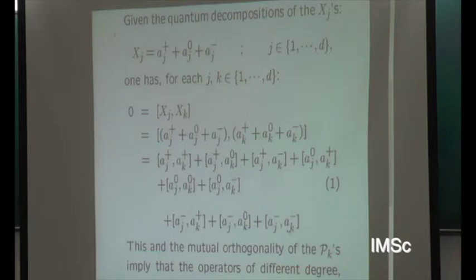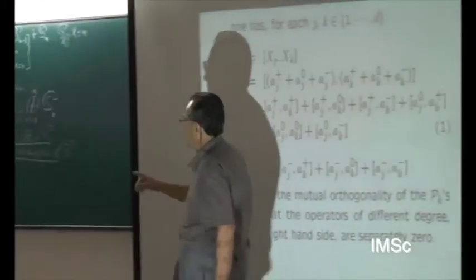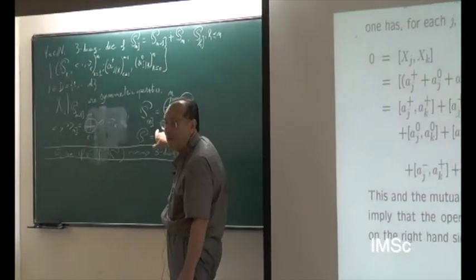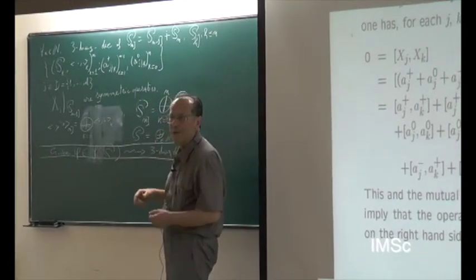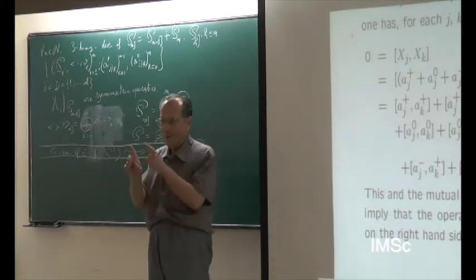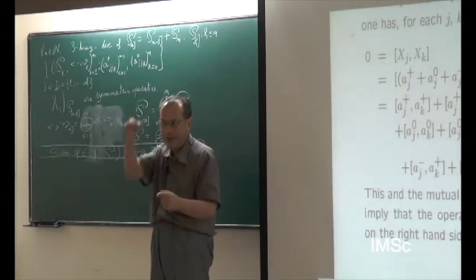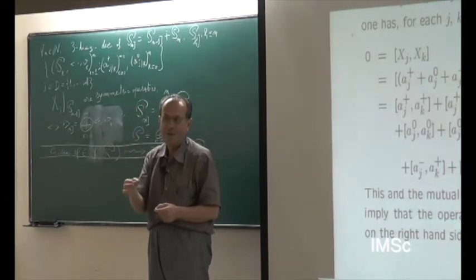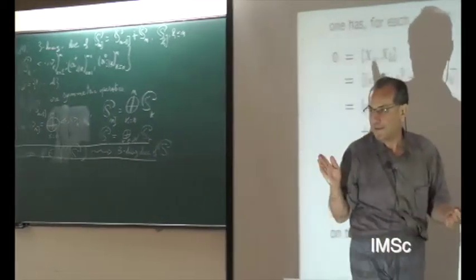You see? So what happens is that the Pk in our gradation has become an orthogonal gradation. So the ranges are orthogonal. So if a sum of operators with orthogonal ranges is identically 0, it means that all the homogeneous components are identically 0, separately.